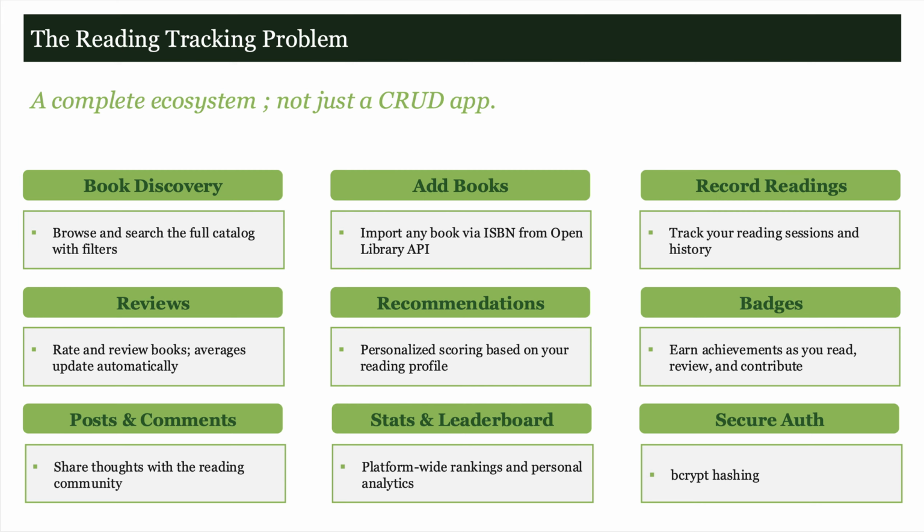They can earn achievement badges, share thoughts with the reading community through posts and comments, consult platform-wide rankings and personal analytics, and manage their profiles securely with bcrypt hashed passwords. Each of these features is backed by a real relational database, not mock data.